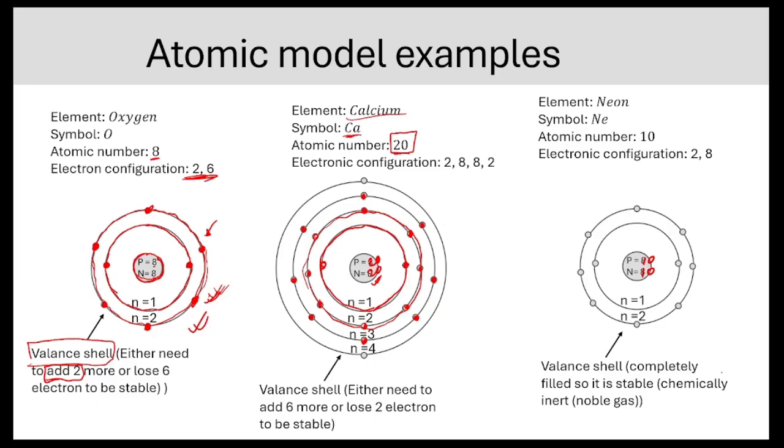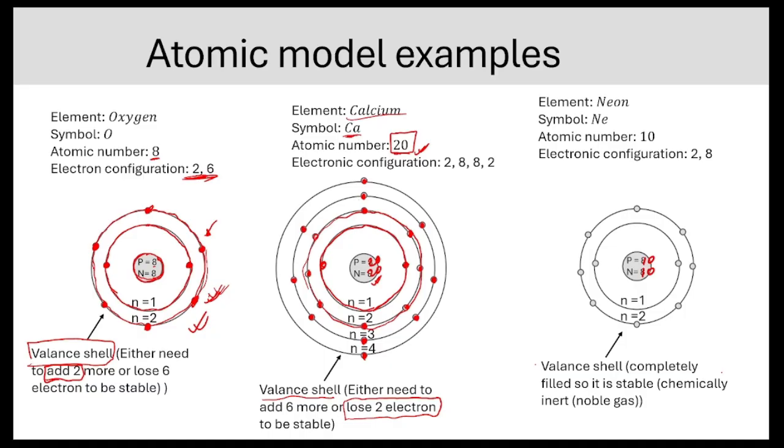Since we have 8 electrons here, 16, 17, 18, and the total number of electrons is 20, the outermost shell will have 2 electrons. Since the valence shell has 2 electrons, it is easier to lose these 2 electrons to be stable than to gain 6 electrons.